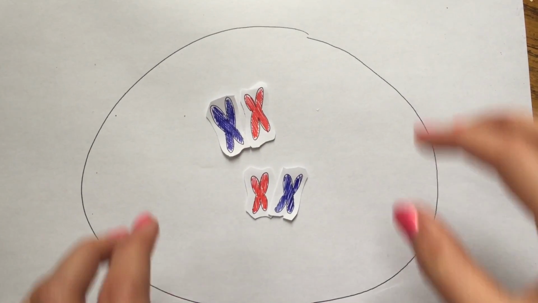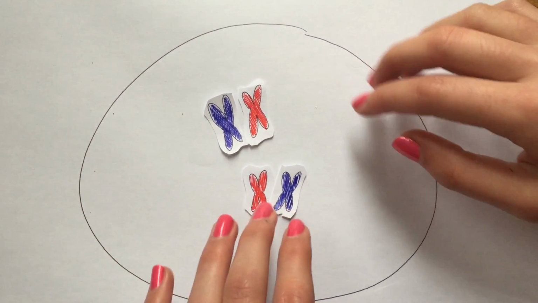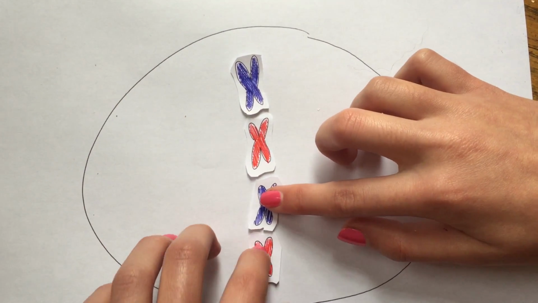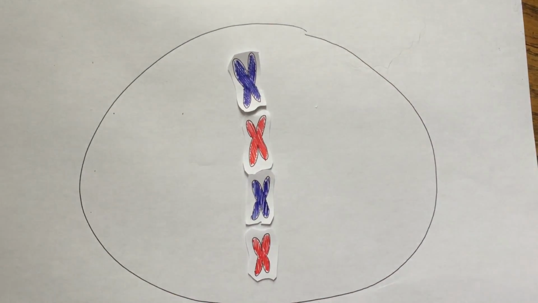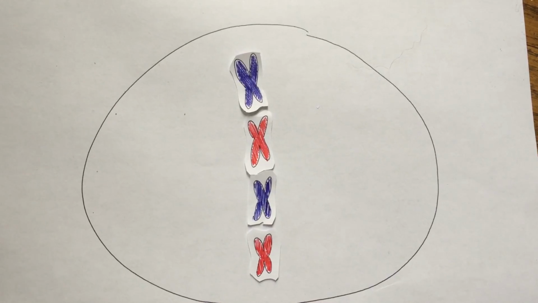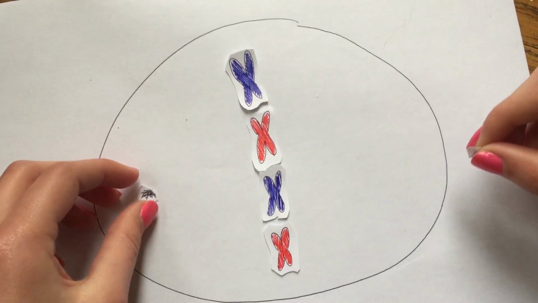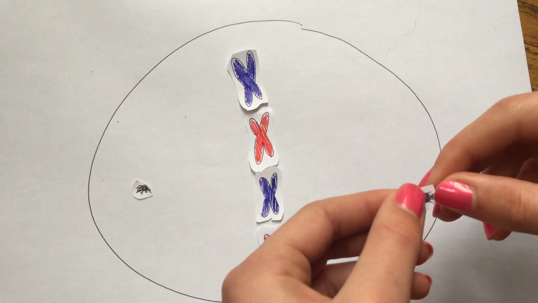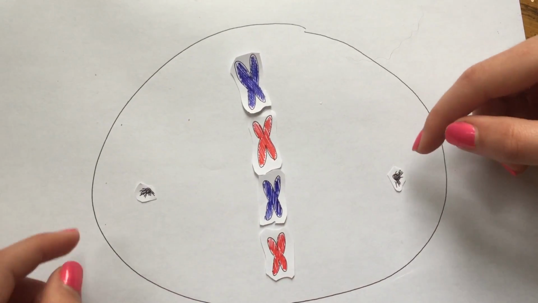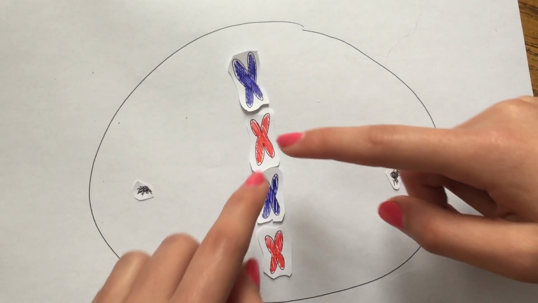In metaphase, now we have our homologous pairs, we have two of them, and they're going to go into this sort of linear formation here. They're going to line up in the middle of the cell like this, and we actually have two centrioles, which are on either side of the cell, and these spindle fibers will begin to form out of microtubules, and they'll begin to connect to each chromosome.